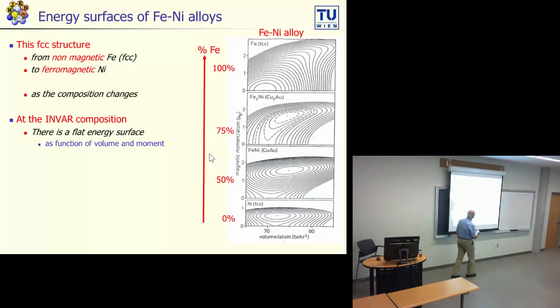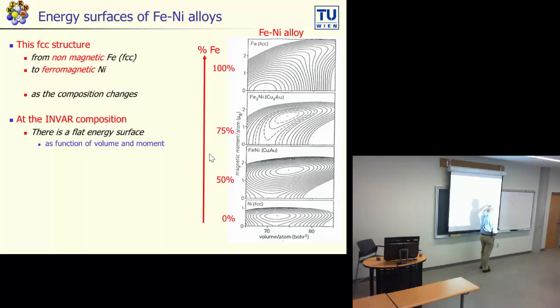Now, the Invar alloy is close to the Cu3Au structure for this case, and what I show here, the new feature which makes it interesting, is that you can plot the volume here, and here you plot the magnetic moment. So you get the energy surface of volume if you expand the lattice, but also the magnetic moment. If it's ferromagnetic, like in this case, then you get a clear minimum. If it's non-magnetic, there is only a volume minimization, but no magnetic moment.